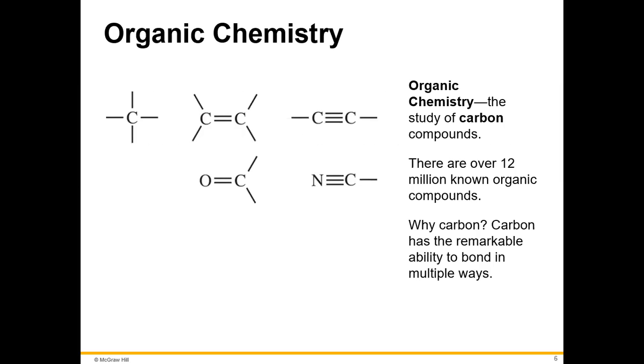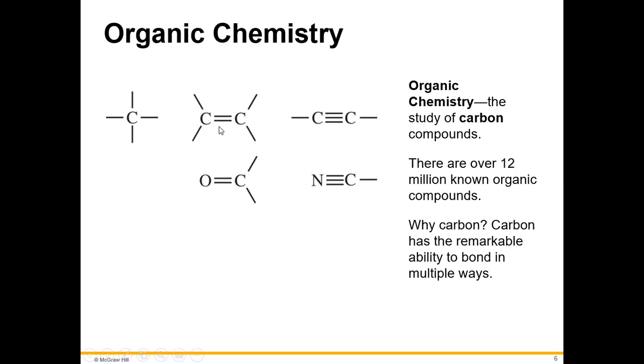Organic chemistry is a whole course that you'll take if you pursue it further in chemistry. It's the study of carbon compounds. There are millions of organic compounds, and carbon can bond in a lot of unique ways. Carbon needs 4 bonds to be stable, and those can all be single bonds.